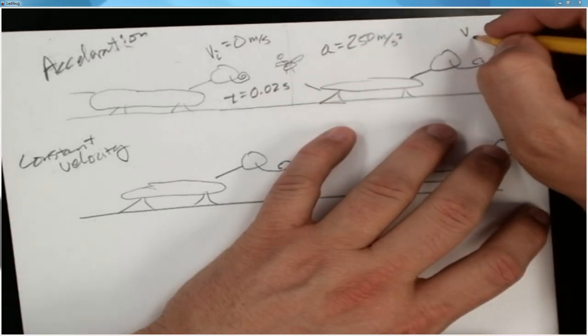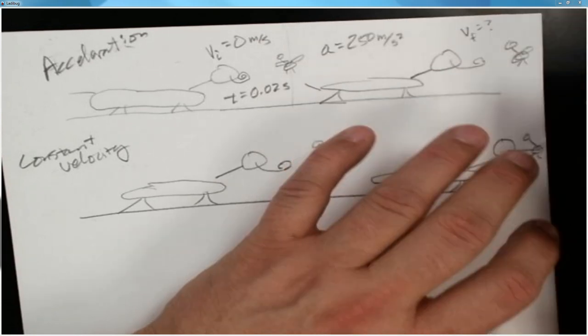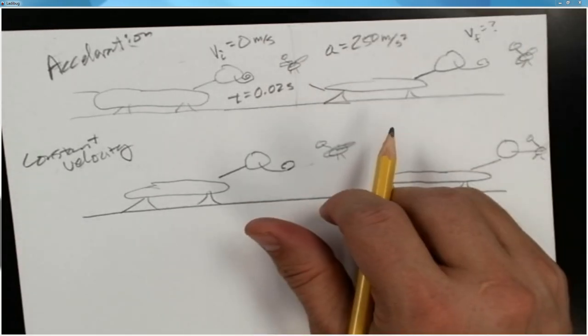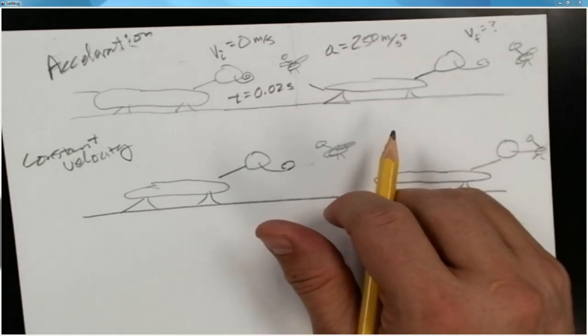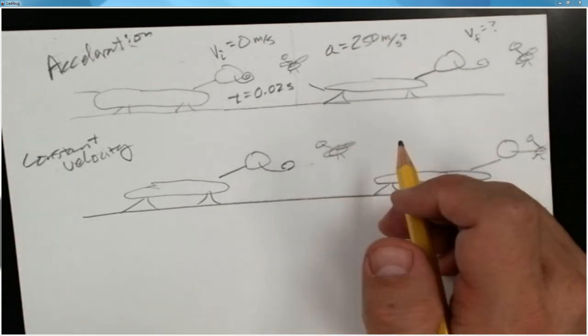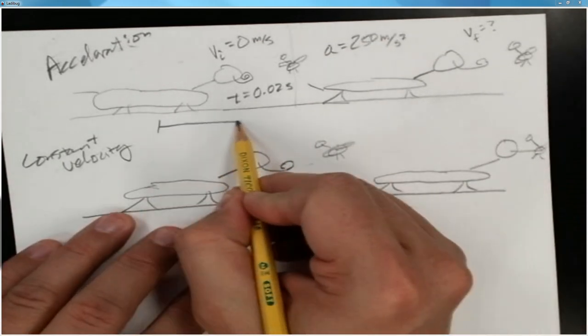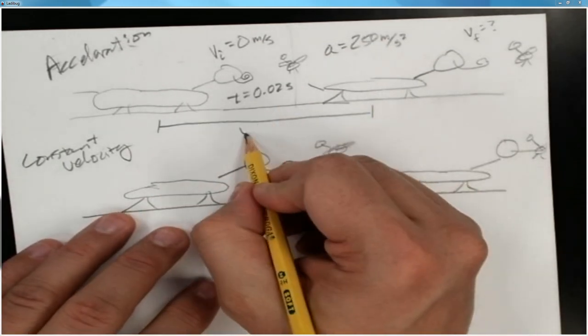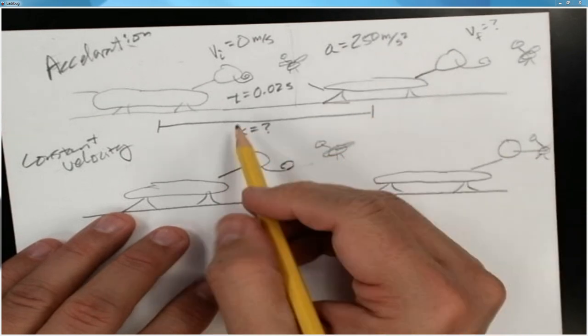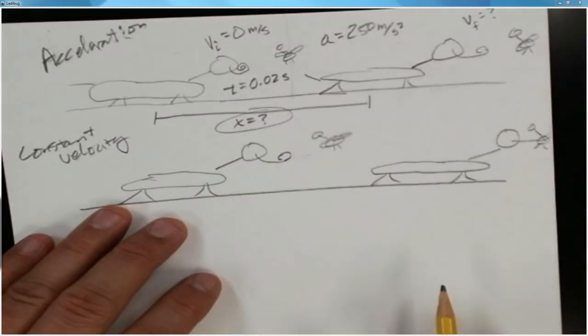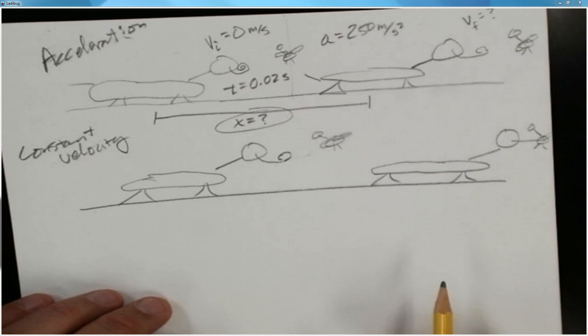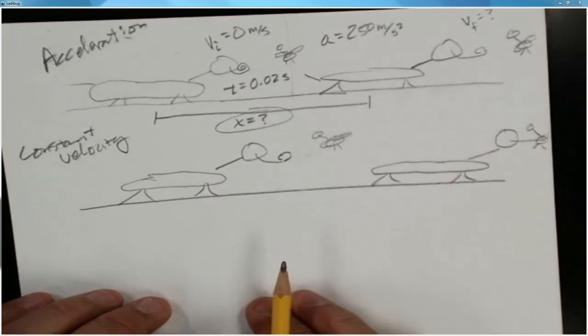VF, I do not know. And I also do not know the distance. I need to know the distance because that's what the problem told me to find. So I'm going to circle it.